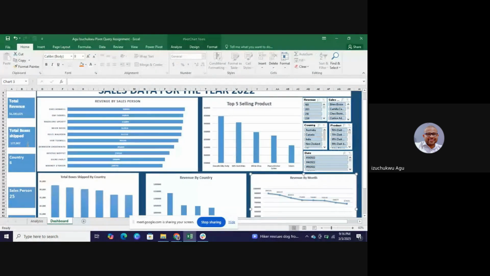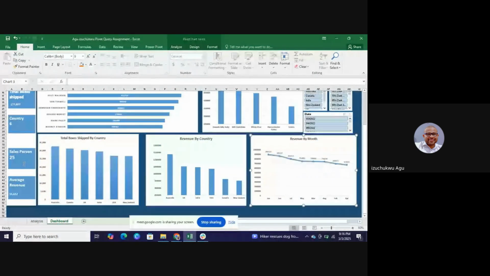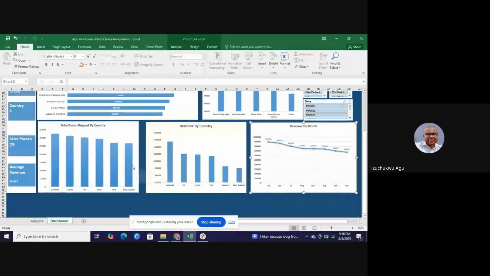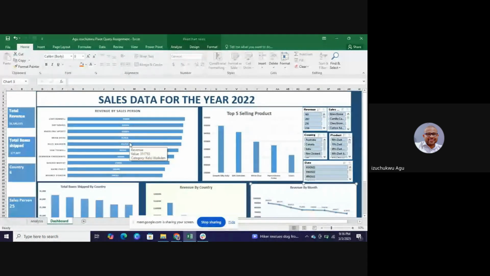We have a total boxes shipped from each country of about 177,000. Then we have a salesperson count of about 25 representing the six countries, and we have an average revenue of about $5,000 and the like.